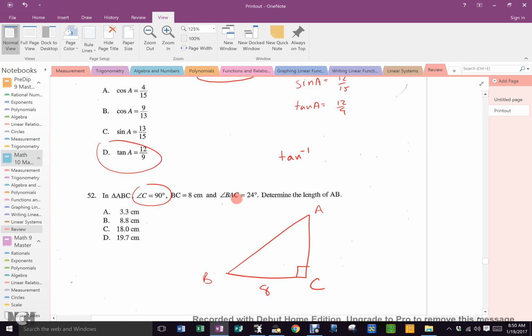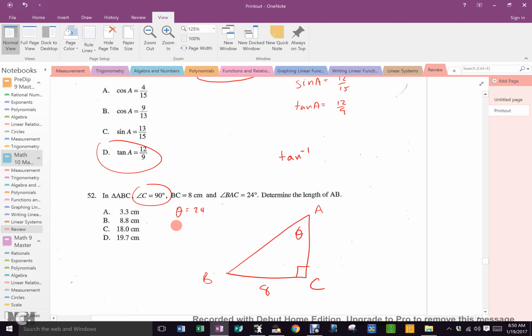And angle BAC, where is BAC? The top or the left? BAC. Pardon? Where A is. The middle letter is the vertex. BAC. So there's my theta, correct? So do I have a theta? 24. Theta equals 24.